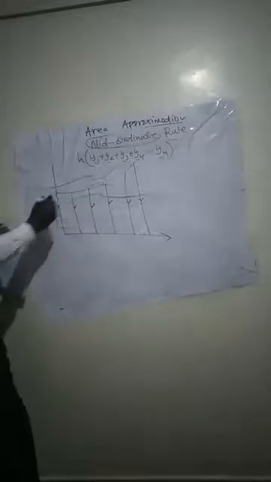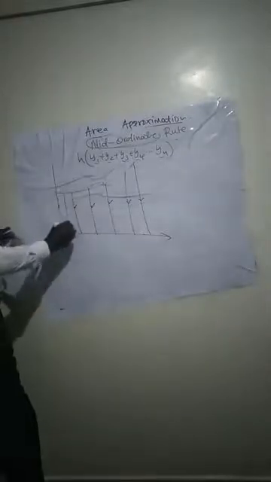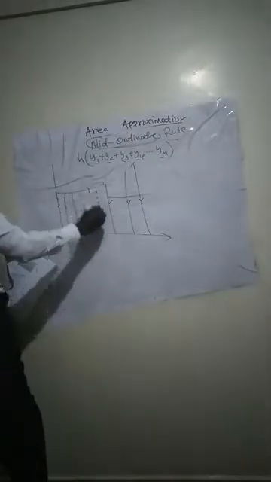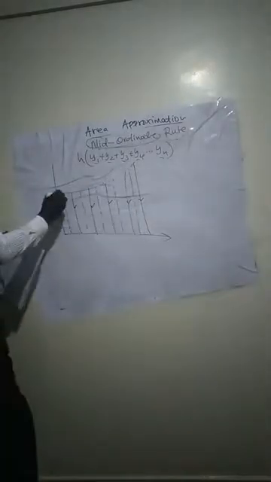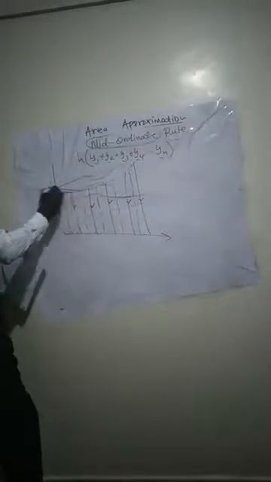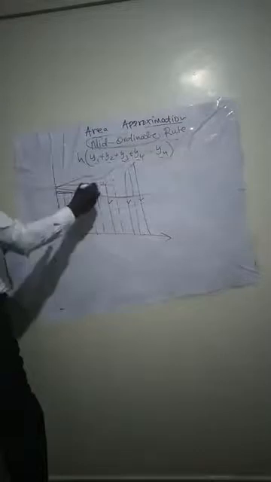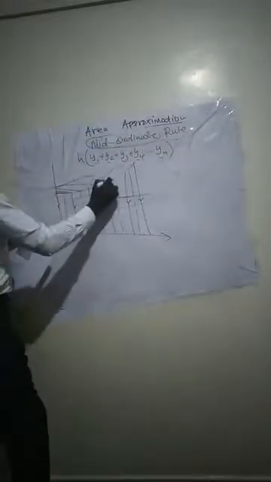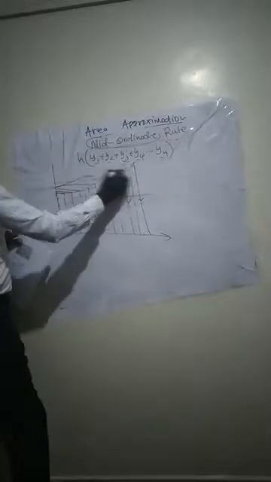The mid-ordinate rule means that you get the midpoints of the ordinates. So the midpoint of this ordinate is somewhere at the middle of this bar or strip. In this case, you will use the corresponding values of y of the midpoint of each bar, up to the last one here.